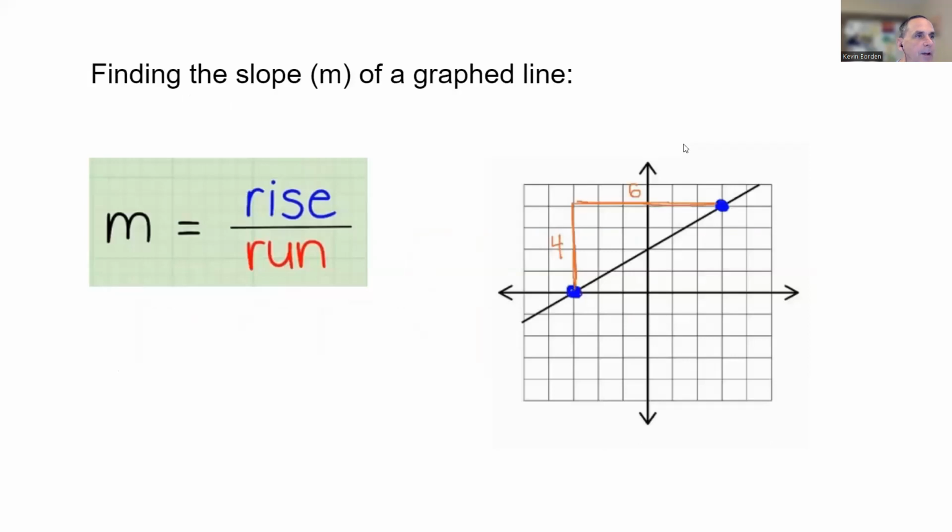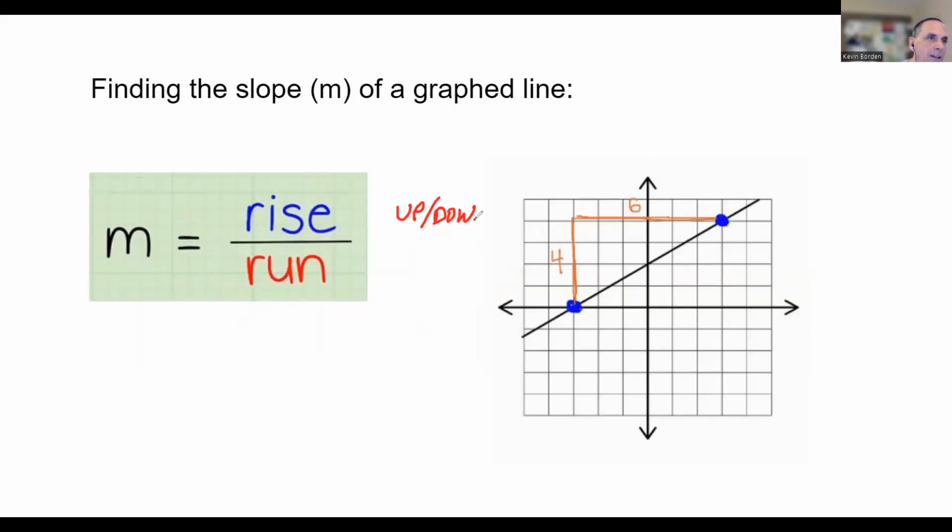Finding slope from a graph line involves finding the rise, or the amount it goes up or down, and dividing that by the amount it goes over. And slope is given the letter M in equations for lines.